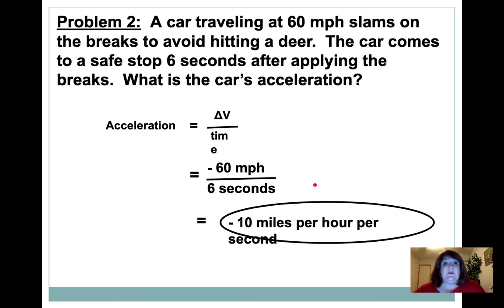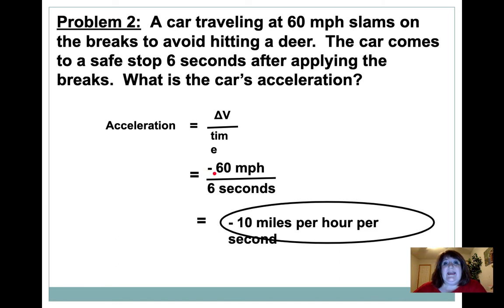Let's look at another one. A car traveling at 60 miles per hour slams on the brakes to avoid hitting a deer. The car comes to a safe stop after applying the brakes. What is the car's acceleration? Well, remember, acceleration is a change in velocity over time. But this one, notice what happened.